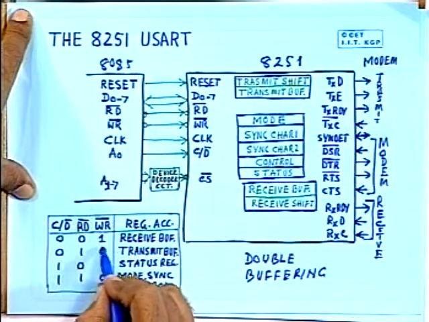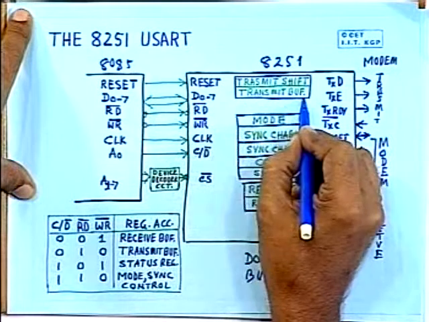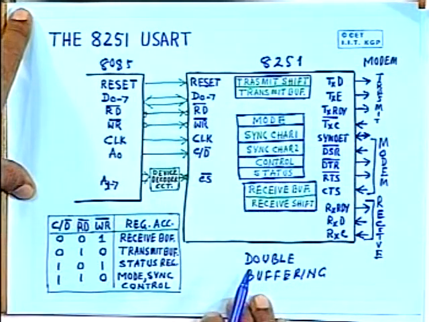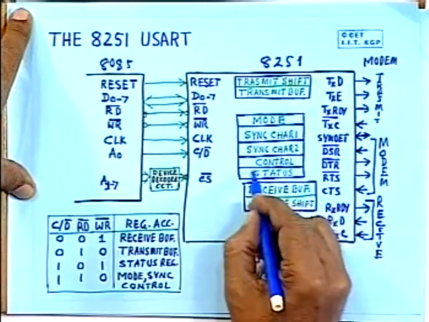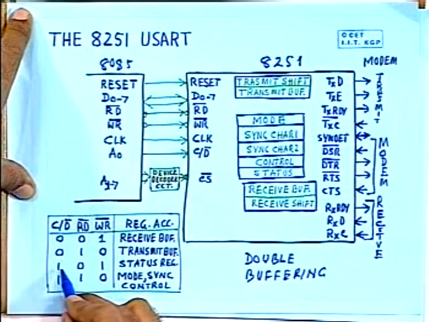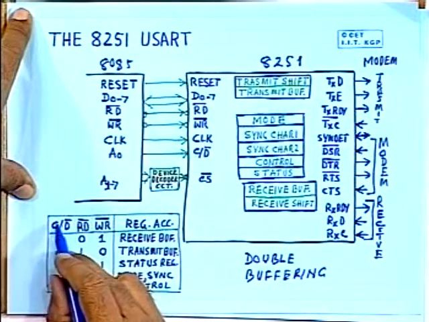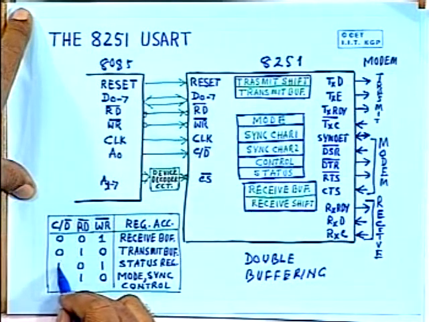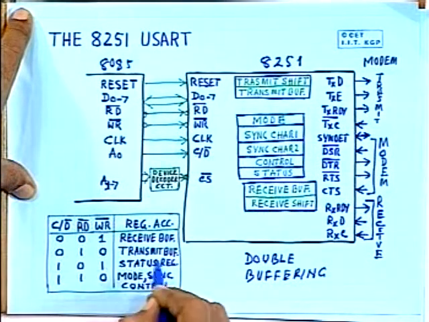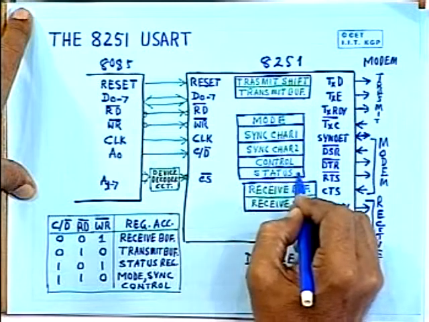When you are writing, it goes to the transmit buffer. That is decided with the help of these two bits. Then there is a status register which can be accessed using command. This bit has to be 1. This is the command register, and by using 01 you can read this status register.